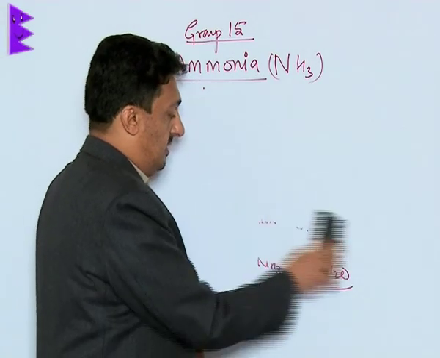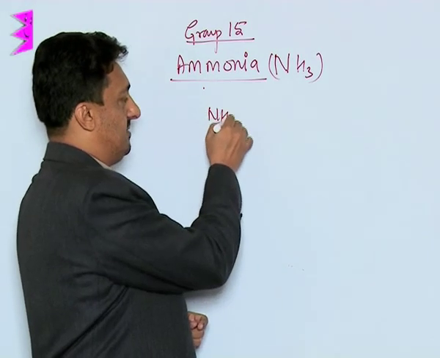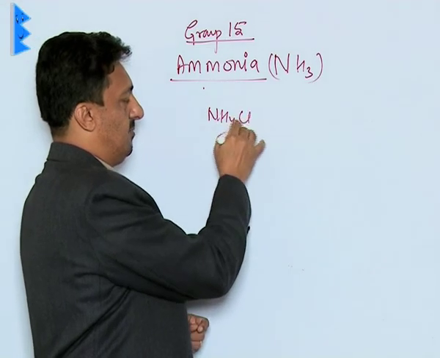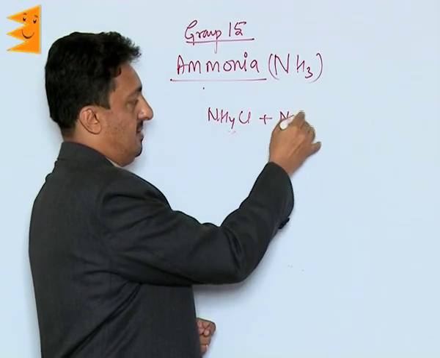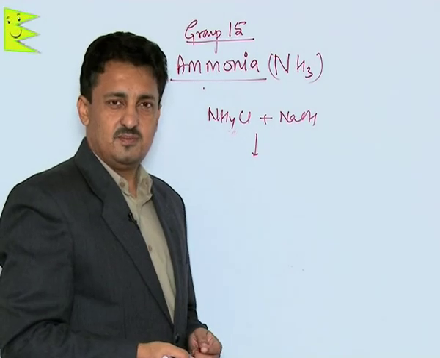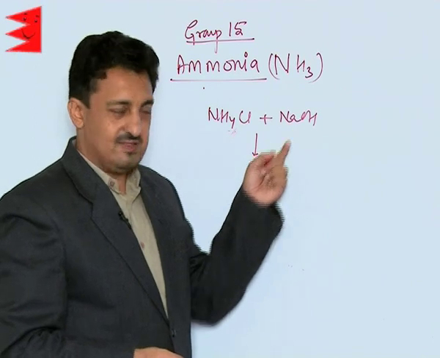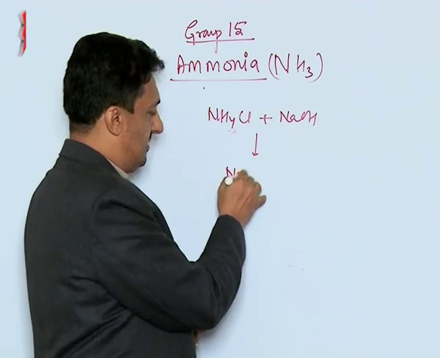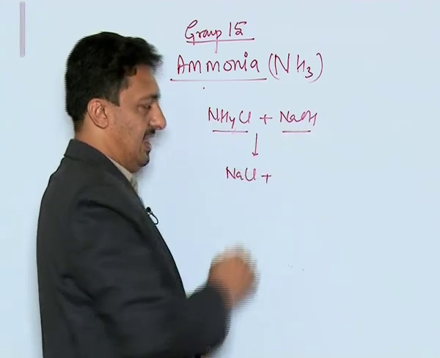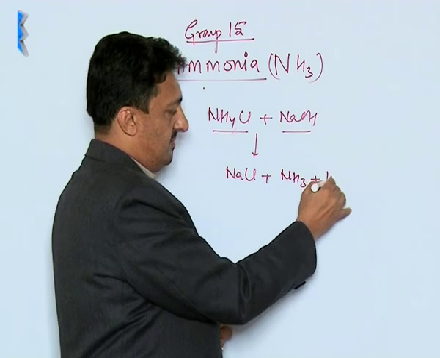Now, ammonia can also be obtained by reacting any ammonium salt, like ammonium chloride, with strong alkalis, NaOH or any other one. When ammonium chloride is reacted with NaOH, we get NaCl, ammonia and water.